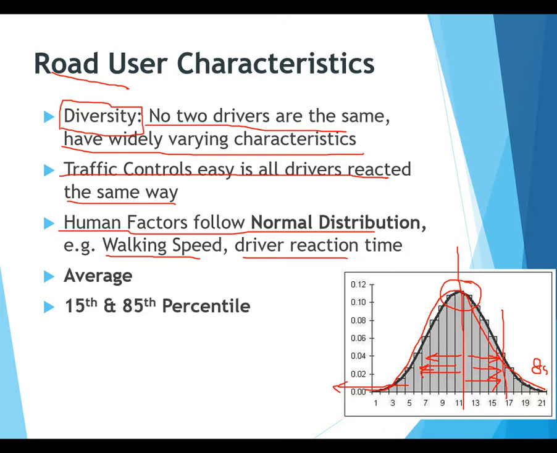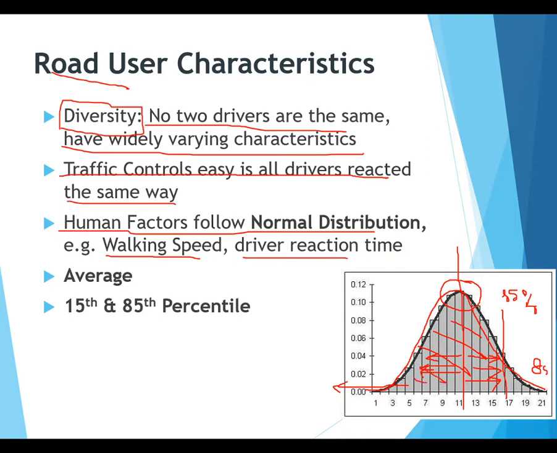I try as much as I can to serve everyone, but sometimes it's going to be very expensive to serve everyone. So we use something called the 85th percentile, which serves 85%, meaning that when the 85th percentile of reaction time is 3.5, 85% of the people will be 3.5 seconds or less, which covers all that.